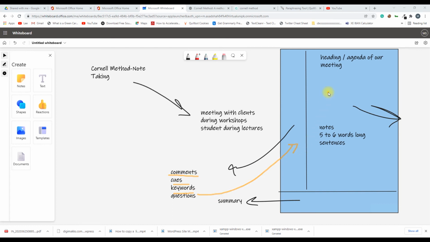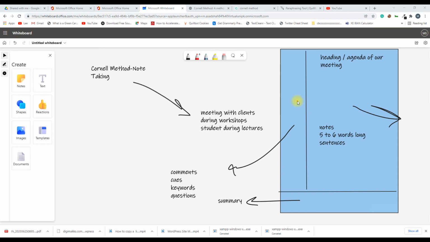And after we have recited or reviewed the notes by using the help of the keywords and the questions in this section, we ask a few other questions.